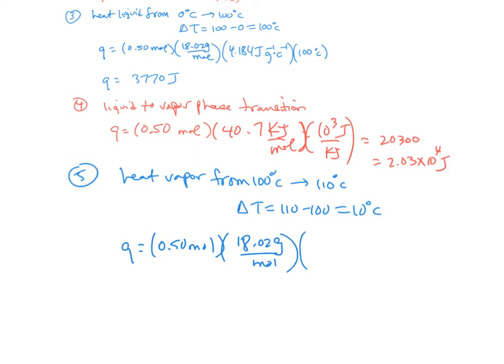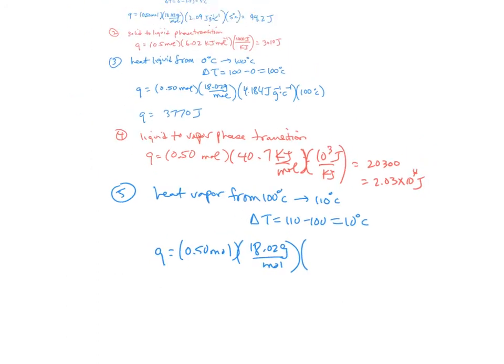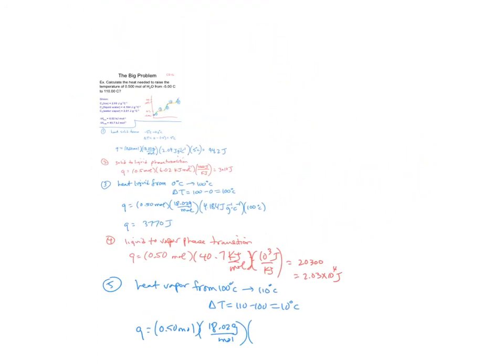C, you have to go to C for vapor. So it's going to be 2, is that right? Yeah, 2 point. Don't want to get them mixed up here. Heating the vapor. Yeah, last time we had 4.184.